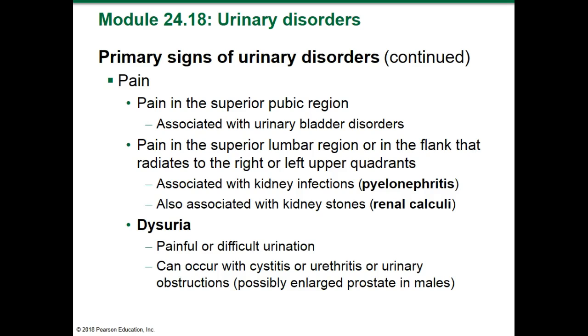Pain in the superior lumbar region, or the flank, that radiates to the right or left upper quadrants, could be associated with kidney infections or pyelonephritis, or kidney stones, renal calculi. Dysuria is painful or difficult urination, which occurs with cystitis or urethritis or urinary obstructions. It could also be enlarged prostate in males.